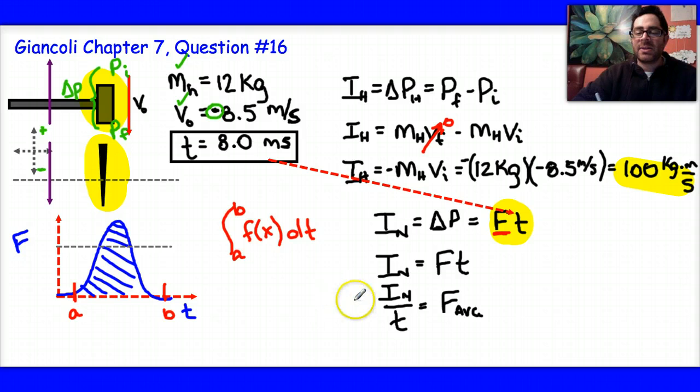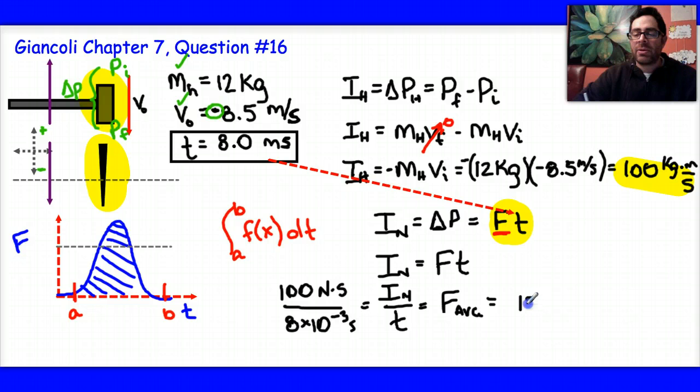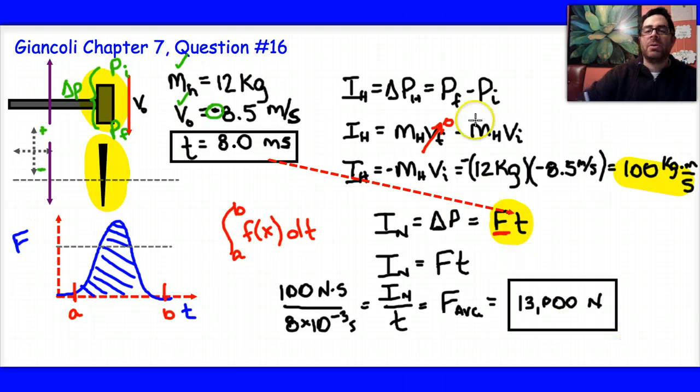So I'm going to take these 100 impulse units, technically those are Newton seconds, and divide it by the time of 8 milliseconds, which is 8 times 10 to the negative 3 seconds. I'm going to get something on the order of about 13,000 newtons. 13,000 newtons being the answer to part B for question number 16.